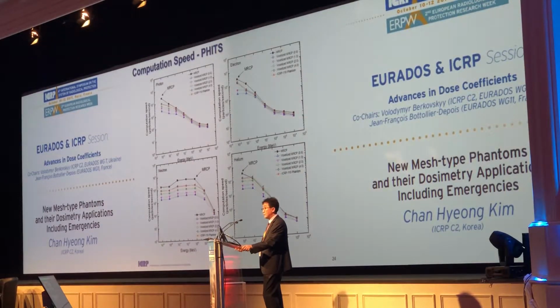And this is quite good news because these days in ICRP, quite a large portion of those coefficients are being calculated by PHITS code. So the use of mesh phantoms can even improve computation speed of those coefficients in Committee 2, assuming we are using PHITS code.